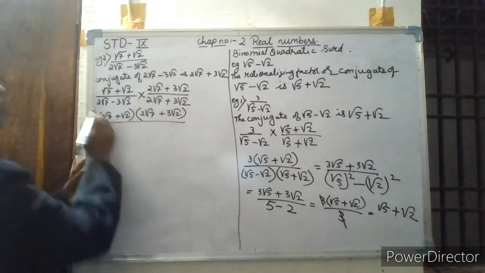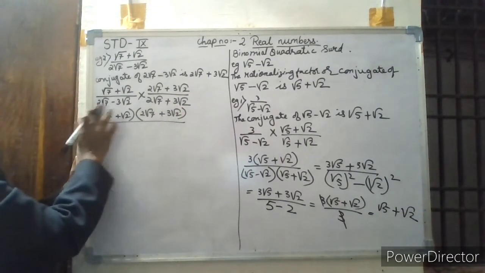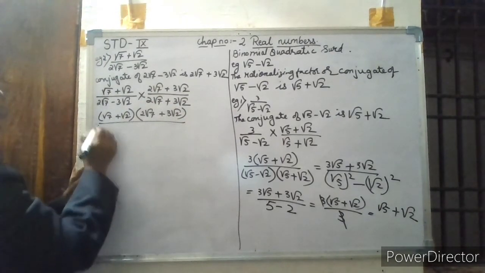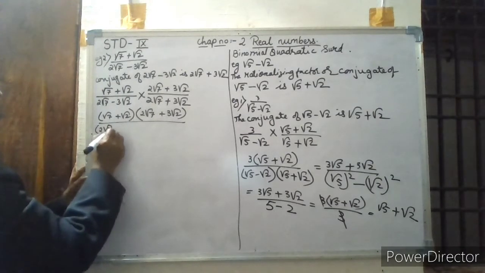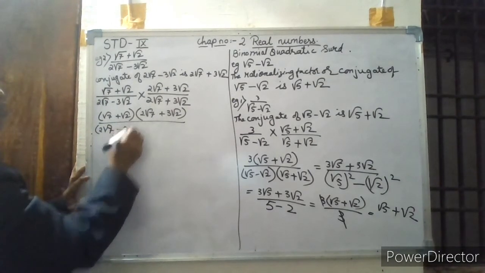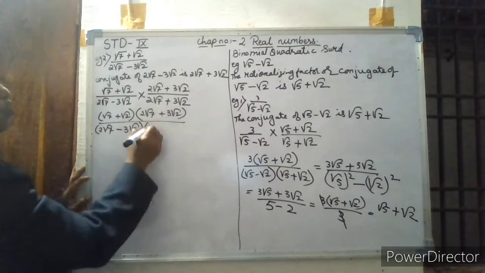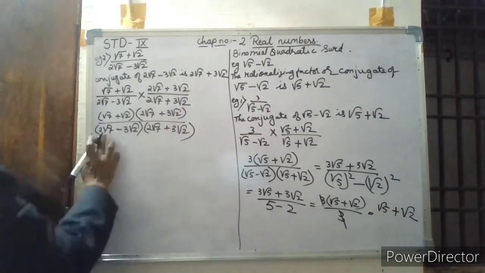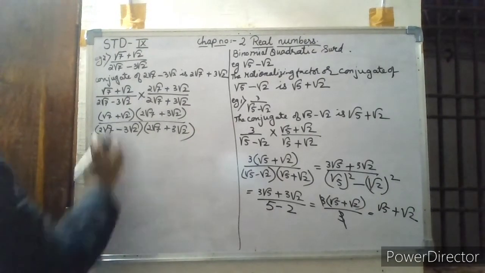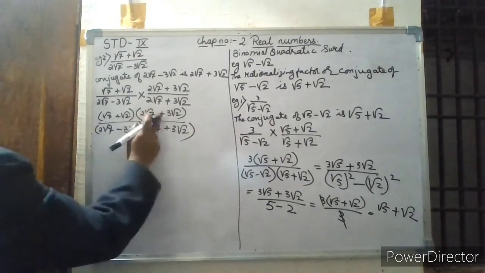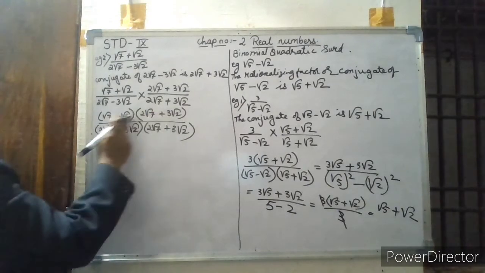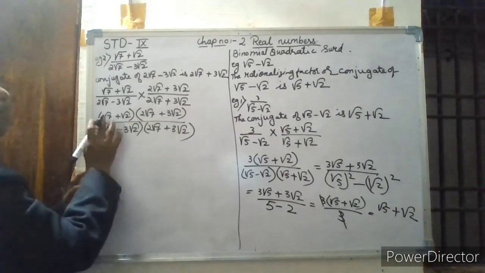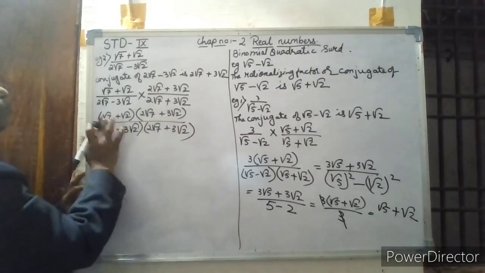The denominator is in the form of a minus b into a plus b, so I can write it as 2 root of 7 minus 3 root of 2 into 2 root of 7 plus 3 root of 2. Now the numerator is only binomial into binomial. So now we have to multiply monomial into binomial.